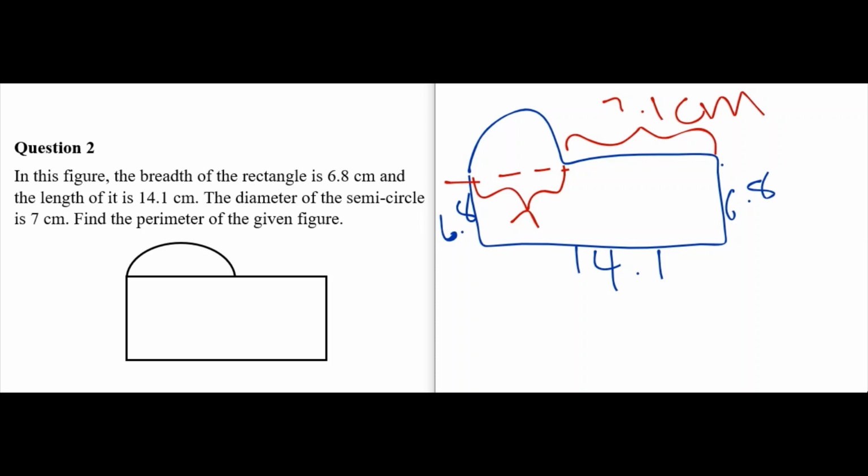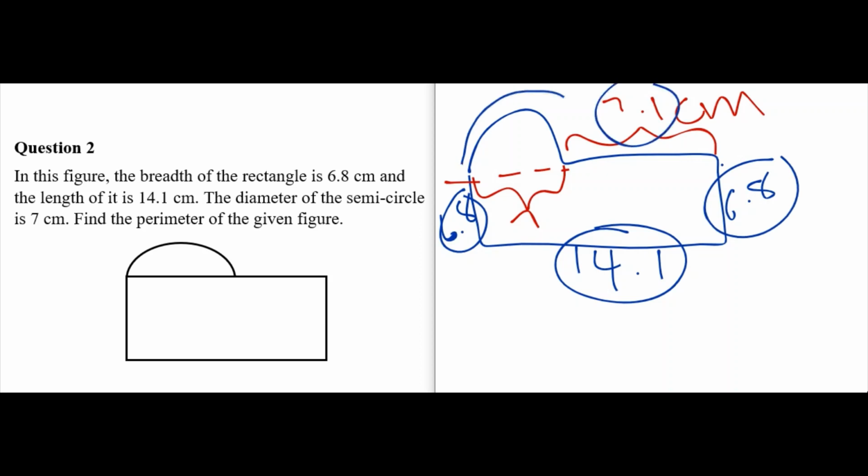Okay, so when we calculate the perimeter, we are going to add this part, this, and whatever we get as the arc length, and we're not going to include the 7 centimeters which I have marked inside the figure. So let's find out the arc length. I'm using an L. 2 into 22 over 7. Radius is 7 over 2.